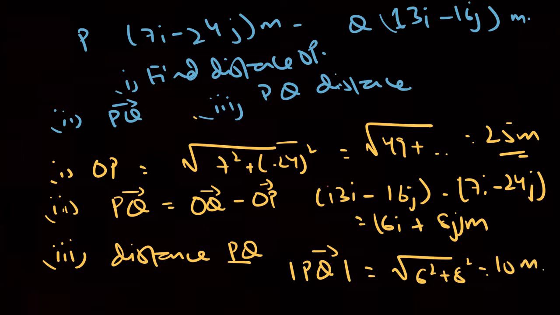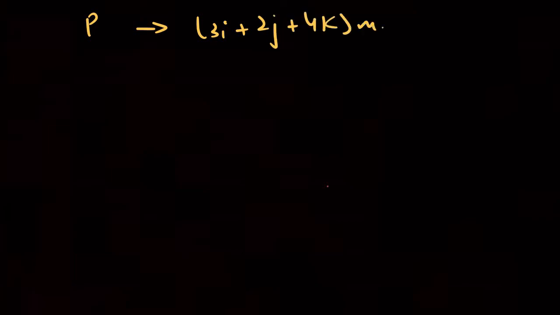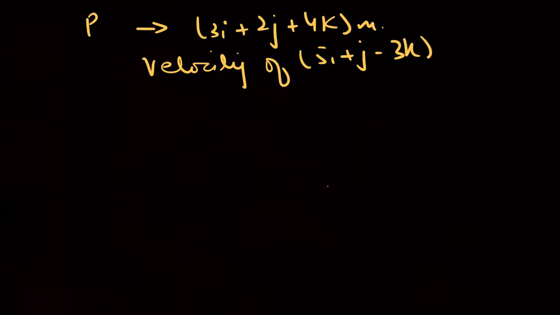Okay, how about another question? It says a particle P has an initial position vector of 3i plus 2j plus 4k meters. The particle moves with a constant velocity of 5i plus j minus 3k meters per second.